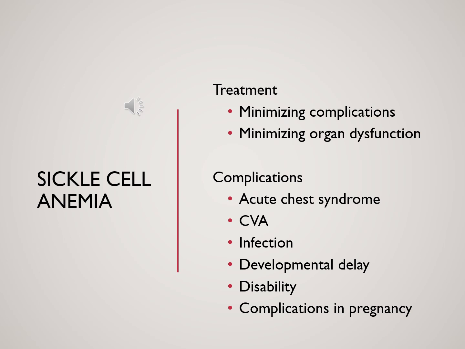There is no cure for sickle cell disease, and treatment is aimed at the prevention of crises and symptom management during a crisis. Long-term management is aimed at minimizing complications and organ dysfunction. During a crisis, oxygen therapy is implemented to reverse the hypoxia caused by decreased hemoglobin and vaso-occlusion of vessels.